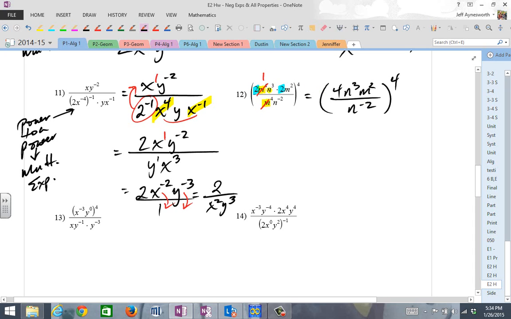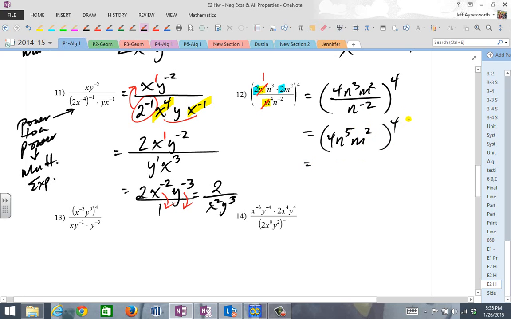I multiply the 2's, I divide it by m to the 4th. Actually, I'm going to simplify this before I raise it to the 4th. I get 4 here, and I got m cubed divided by n to the negative 2. I got to subtract these exponents. All right, 3 minus negative 2 is 5. So we get m to the 5th, m squared, all raised to the 4th.